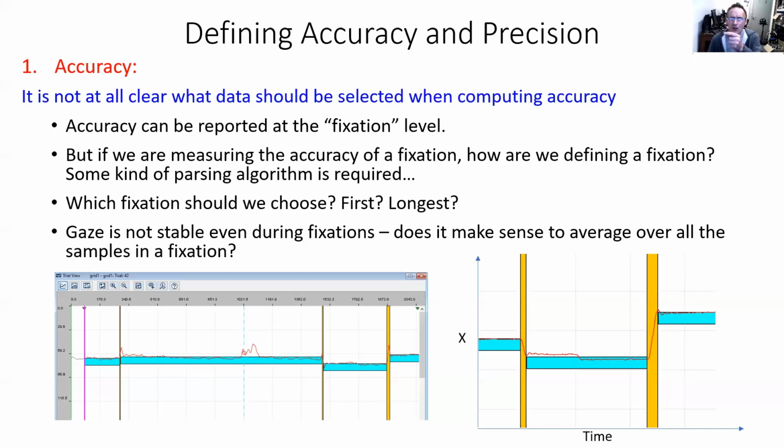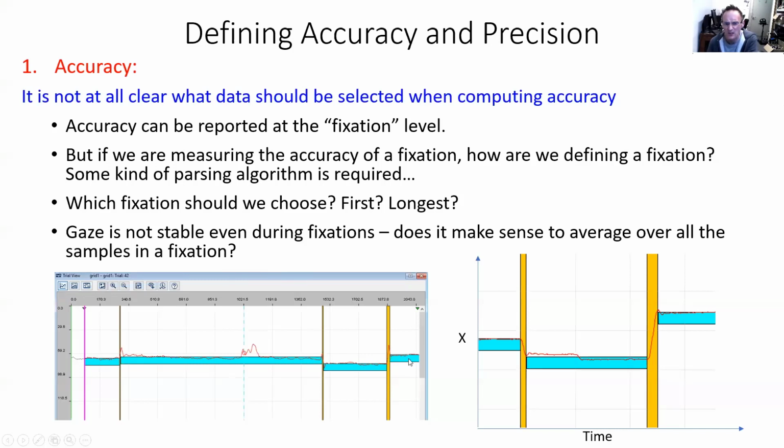If you've got a target as a location, you can ask somebody to look at that target, but they may make 3 or 4 fixations while they look at that target. So are we going to average over all of those fixations, or are we going to choose one of the fixations? If we choose one fixation, which one are we going to choose?